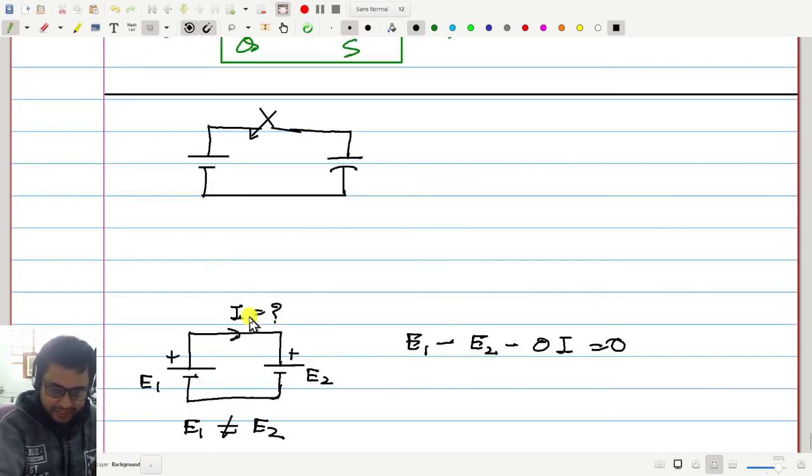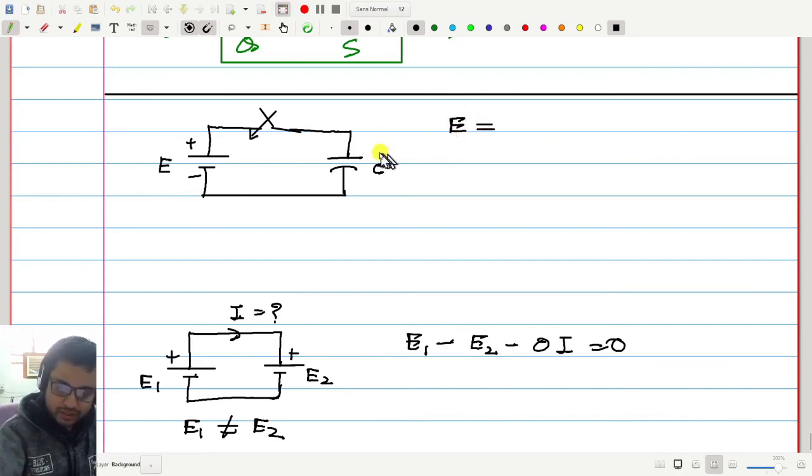Achha. In the same way, now come here. The moment I close the switch, after that, this is E, this is C, okay? I will form a mathematical problem.